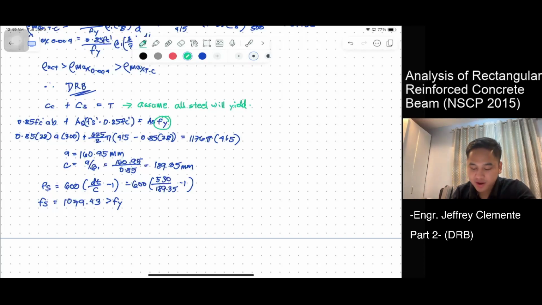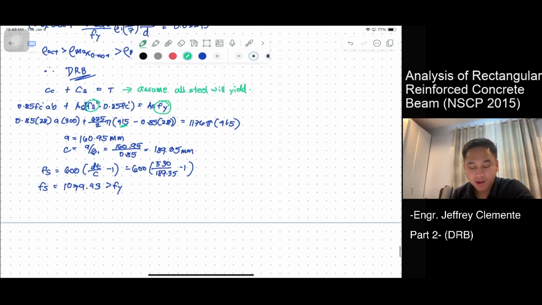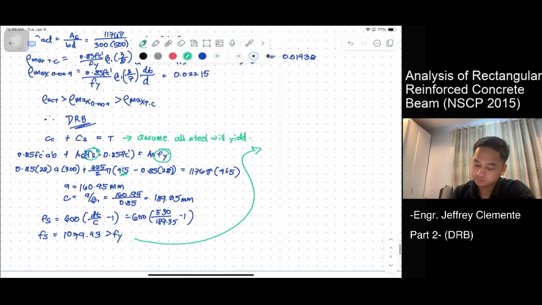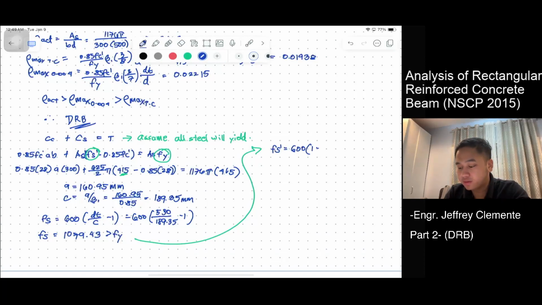Okay? Now, ang check naman natin ngayon, kung tama itong FS prime natin na to. FY ba talaga siya? Kasi ginamit natin siyang FY eh. Tama ba? Yun ang tanong. So, let's check. What's the formula for Fs prime? That is 600 multiplied by 1 minus D prime over C. So, using this formula, 600, 1 minus 65 over 189.35.